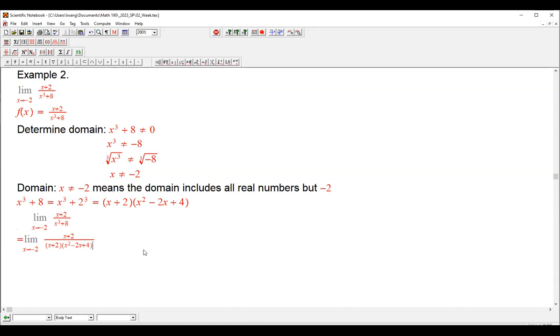Therefore, x plus 2 is not going to be 0. If x plus 2 is not equal to 0, we can use mathematical principle number 1 and reduce it.